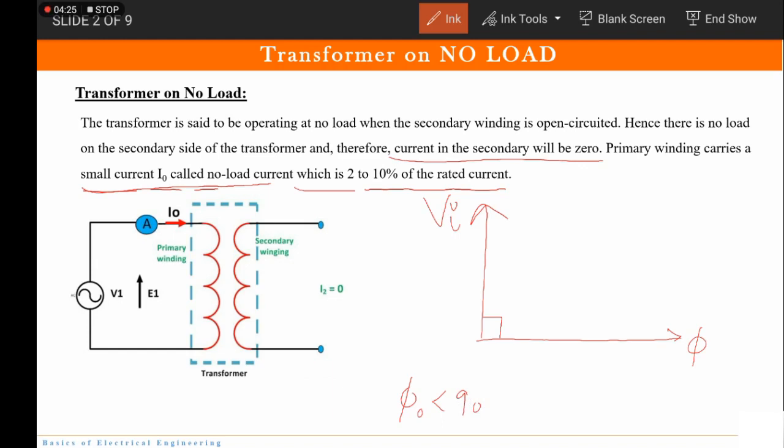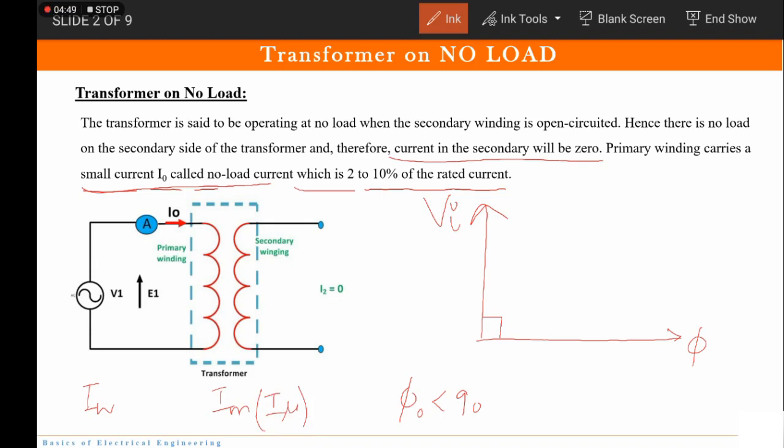Now this I0 has two components. That is the working component and the magnetizing component. In some books it is also represented by I mu. Now remember we have discussed the magnetizing component.